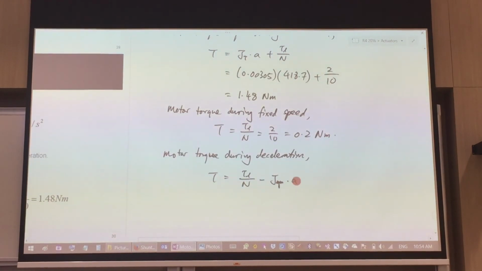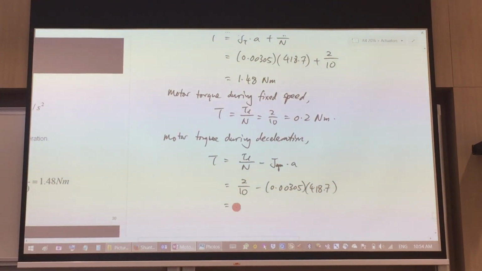That minus means deceleration. So that will be 2 over 10, 0.00305, and 418.7. Do that calculation, minus 1.08.